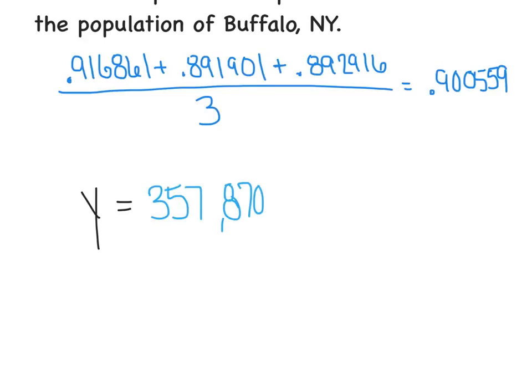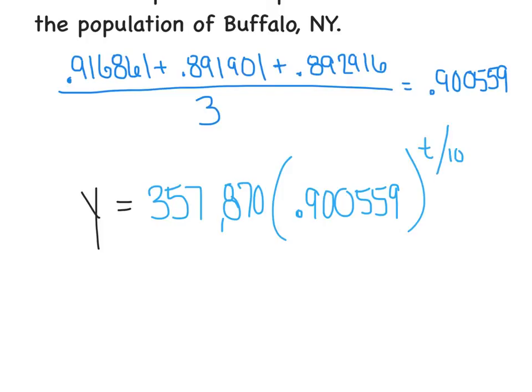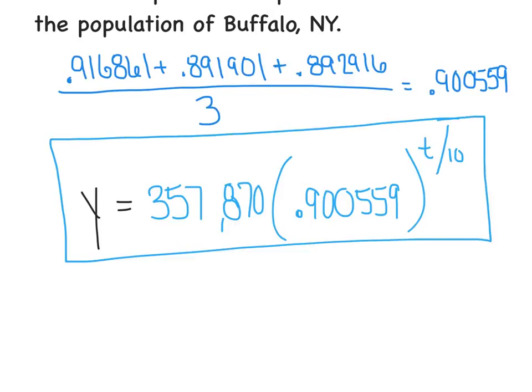Okay, now I've got 0.900559, and that's going to be raised not just to the t, but remember it was every 10 years because of the data that we had at our disposal in the table, so t divided by 10. And this is an equation that I think could be used to model the population of our city. And then you can make predictions. What's the population going to be in 2020 or 2030 based off of similar data?